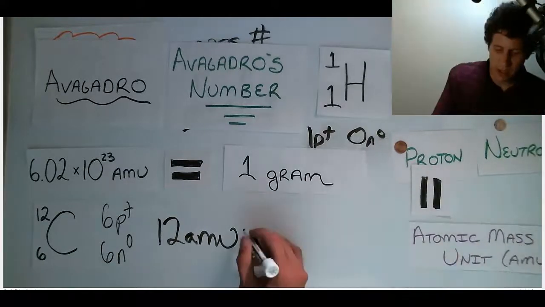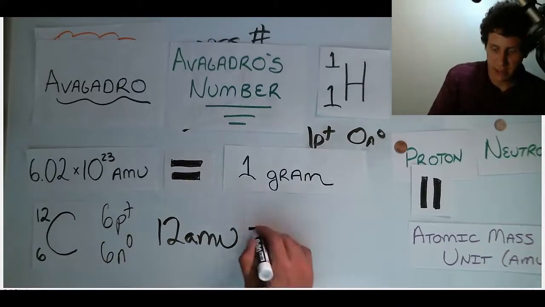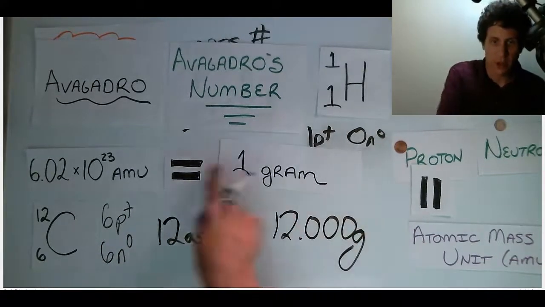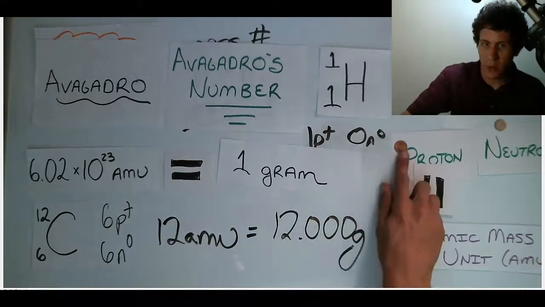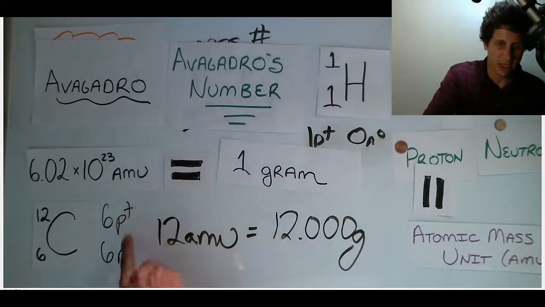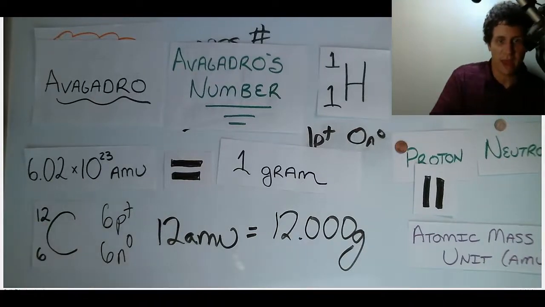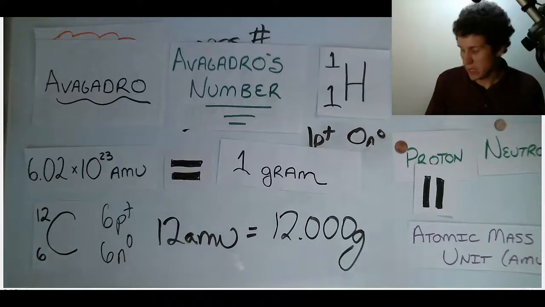So the question would be, how many carbon 12 atoms would I need to get to 12 grams? Based on the logic we just used, knowing that a mole of hydrogen 1 would weigh 1 gram, and I have 6 of those, I would need 6.02 times 10 to the 23rd carbon 12 atoms to get 12 grams. So what this has done is open up a door.